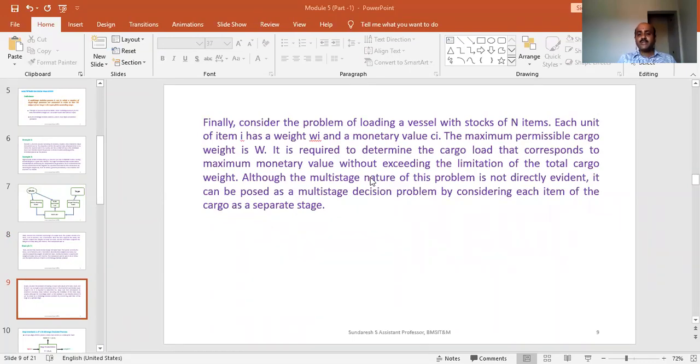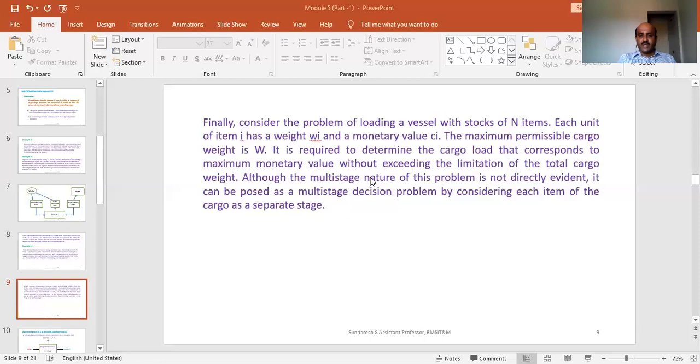The maximum permissible cargo weight is W. It is required to determine the cargo load that corresponds to the maximum monetary value without exceeding the limitation of the total cargo weight. Although the multi-stage nature of this problem is not directly evident, it can be posed as a multi-stage decision problem by considering each item of the cargo as a separate stage.